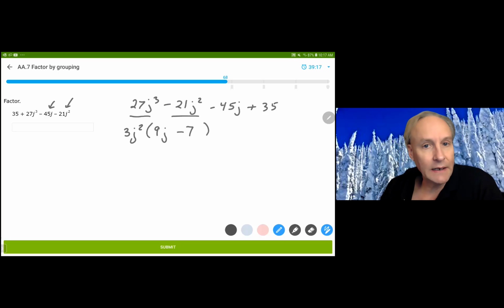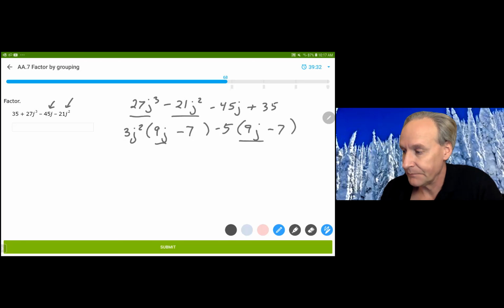Now in my second pair, I want to get a 9j minus 7. So what do I have to take out? A negative 5. Be careful, because you want to make sure that the 9j and the 9j match up. And then I do get a minus 7. And now I have my pair. Shall we just put it in? Well, let's rewrite it.